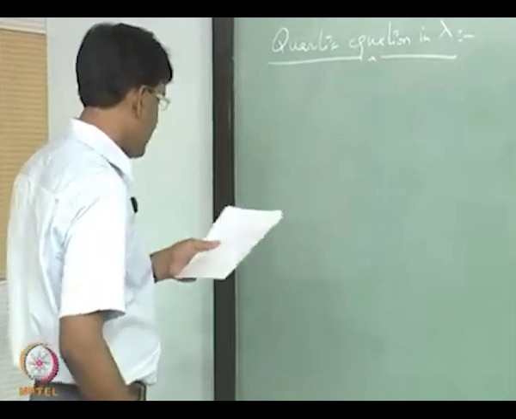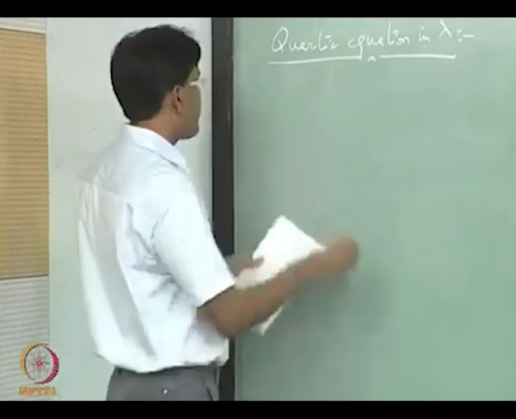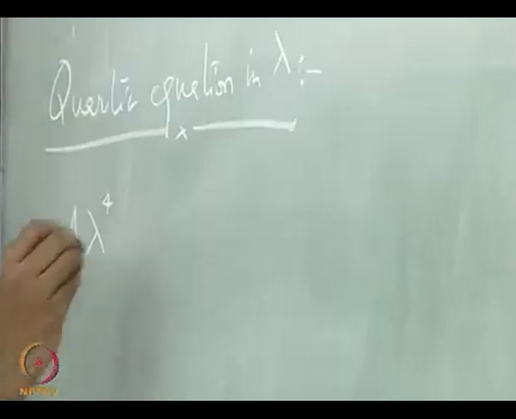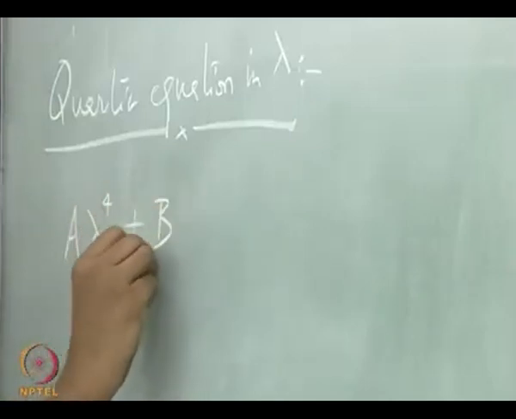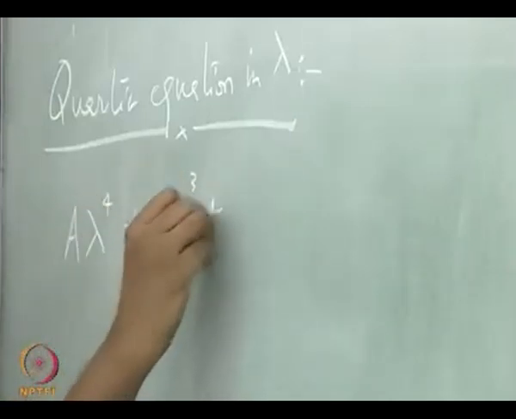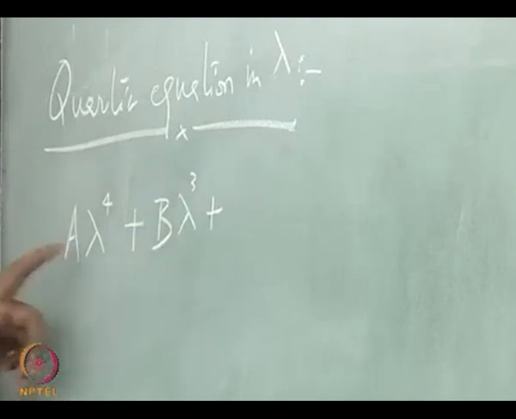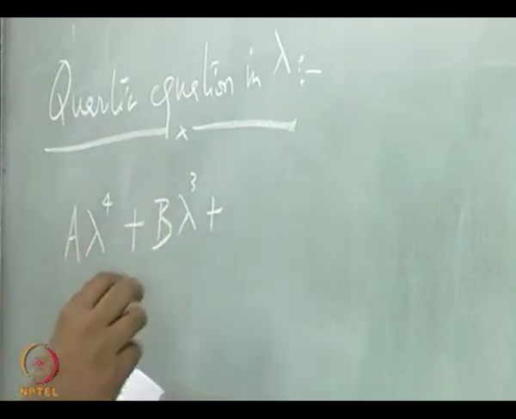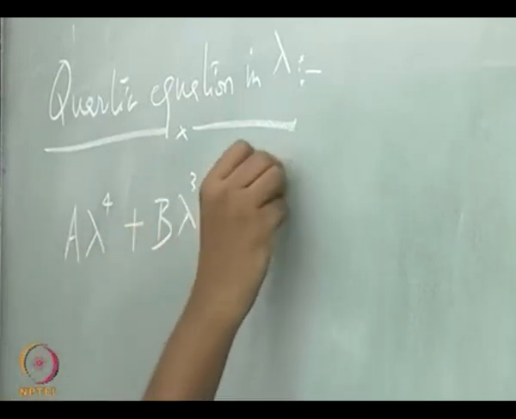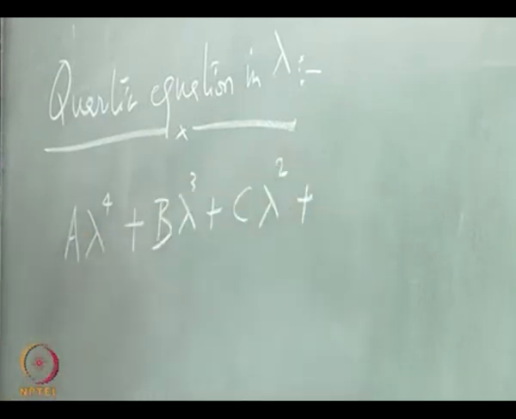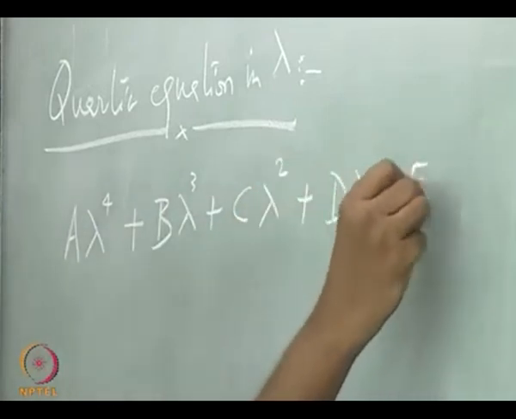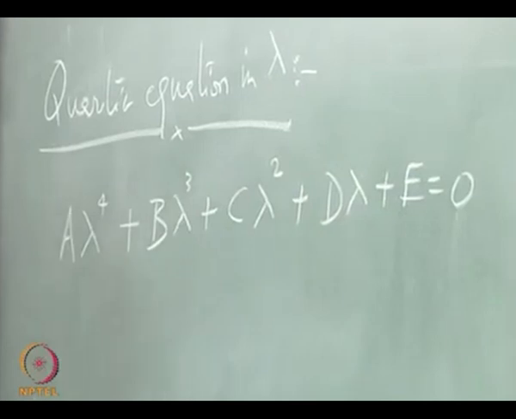So, let us look at this equation. So, A into lambda raised to 4 plus B into lambda raised to 3 plus C lambda squared plus D lambda plus E equals 0, right.